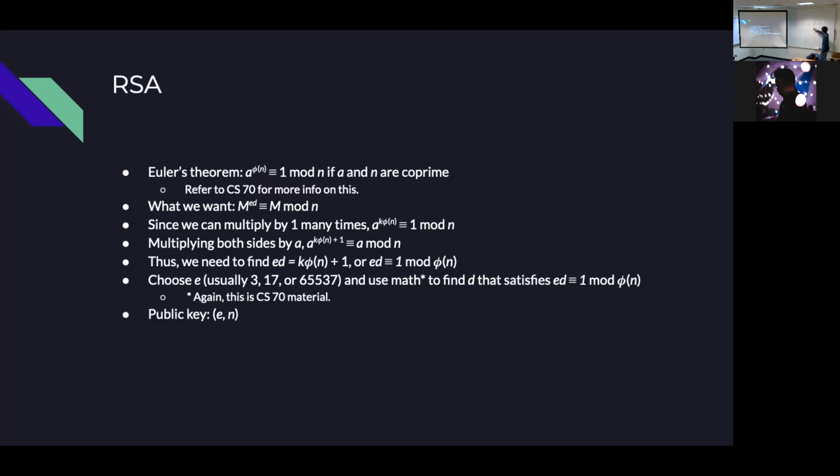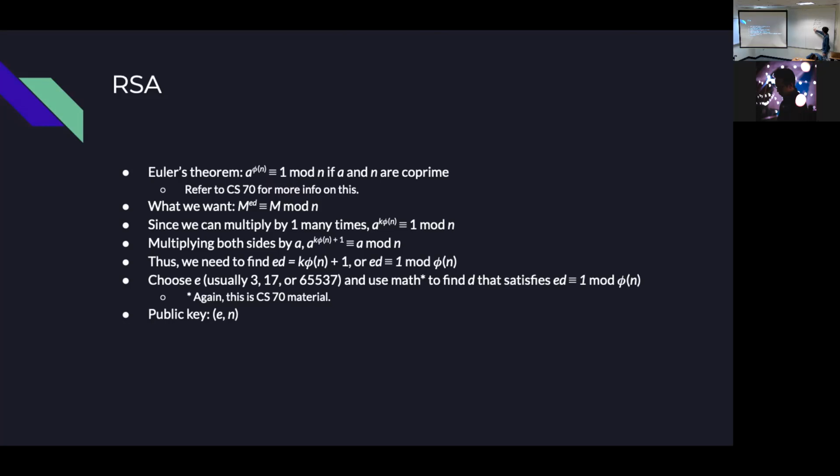But once we find this, these two numbers become our key. So this N that we've been using this entire time, along with E, becomes the public key. And then D becomes our private key. So whenever someone sends me a message, they raise it to the power of E and send it to me, I raise it to the power of D, and I'm going to get back our original message.